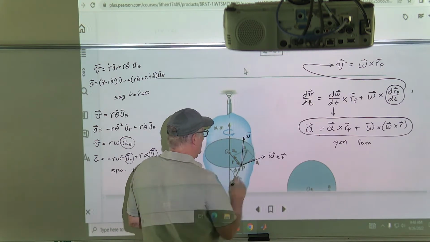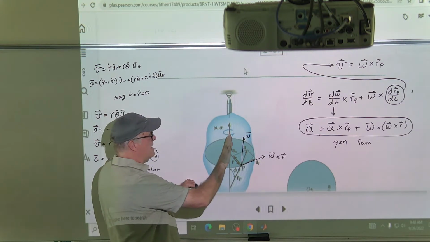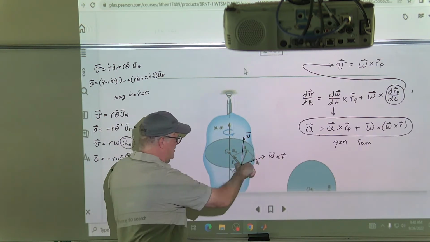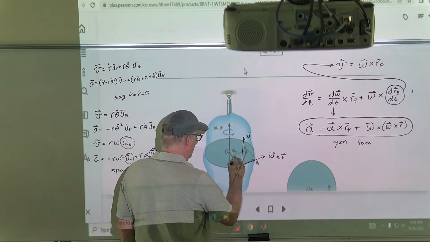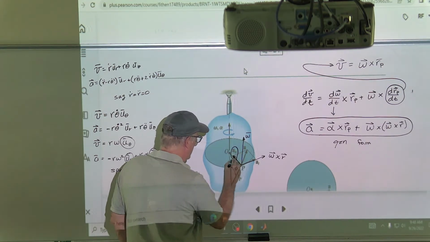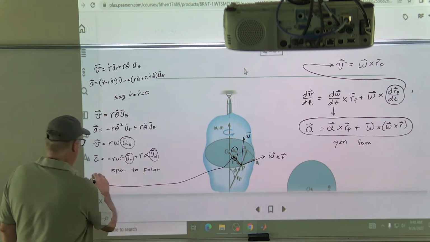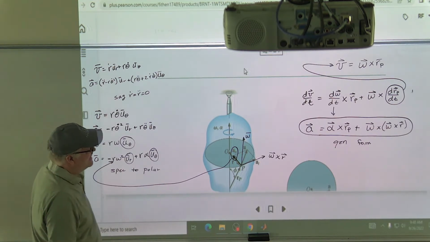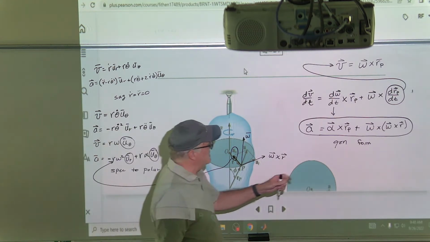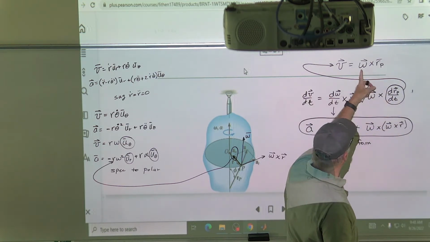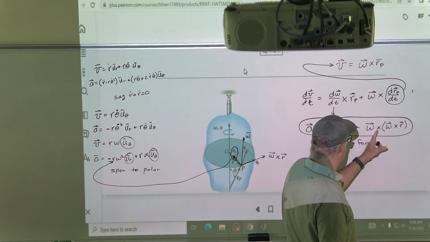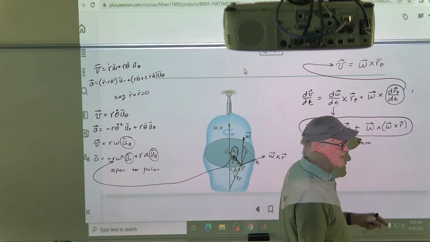Here's my omega. And guess what? I take the omega, cross it with that new vector, and guess what direction it goes? It goes back in that direction, the exact way that goes. So that's why you have to put the parentheses here. You have to take care of it first, and then cross omega with this after you've done it.